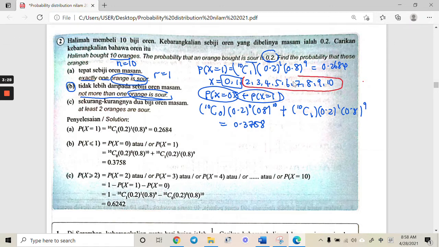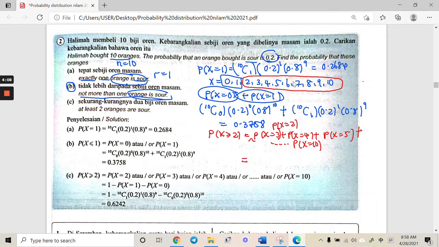So originally you need to add P(x equals 2) plus P(x equals 3) plus P(x equals 4) plus P(x equals 5), and so on. You see, there are so many. You need to add until P(x equals 10). So in total you need to calculate 9 probabilities. It is too much, right? Nine probabilities are impossible to calculate one by one, but take your time.